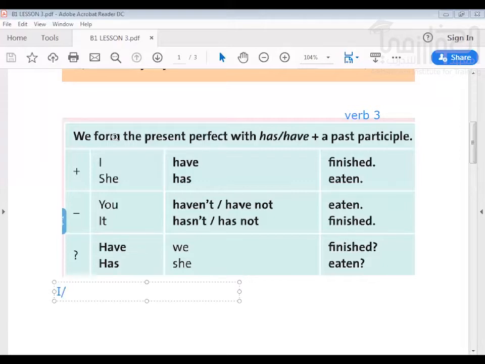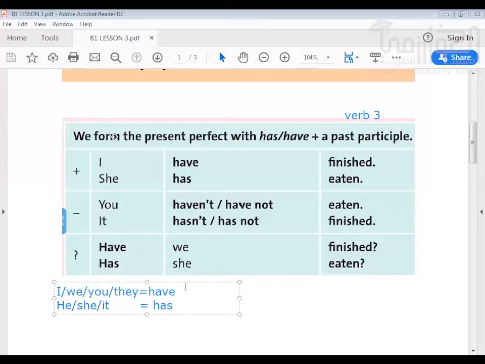I, we, you, they, we use have, and then he, she, it, we use has.